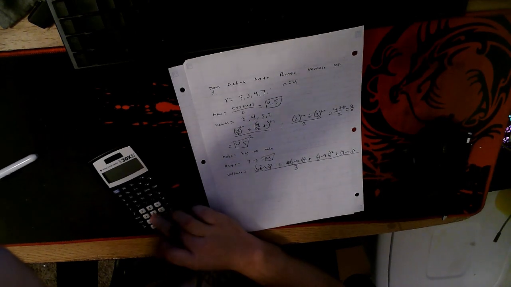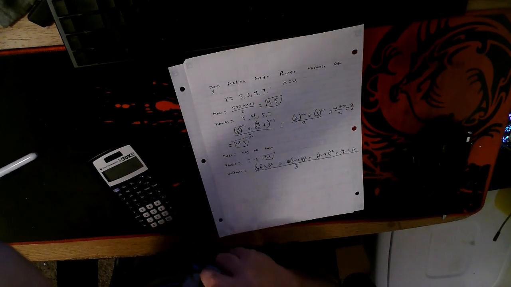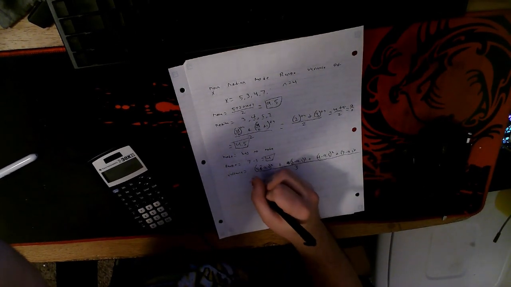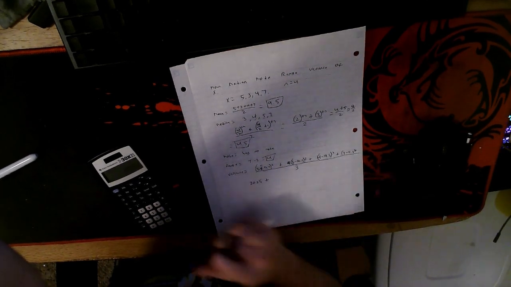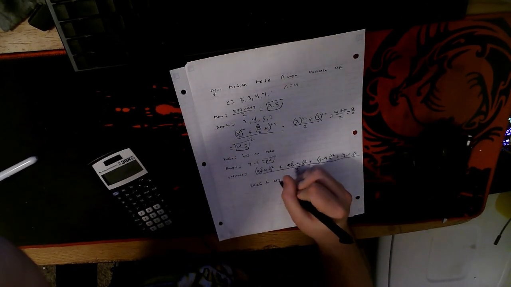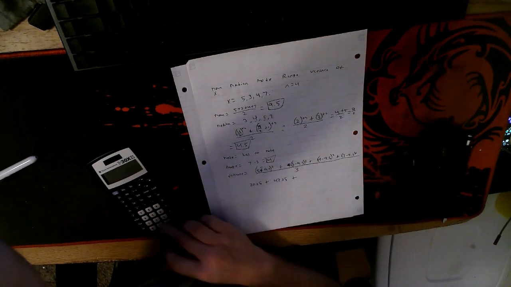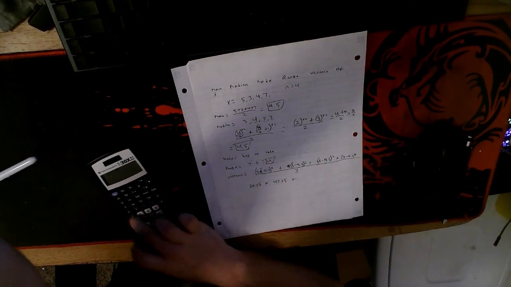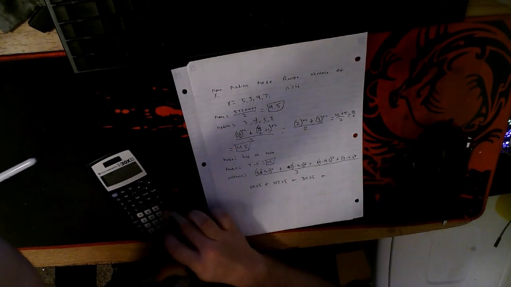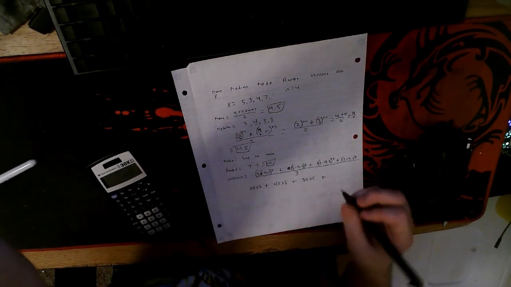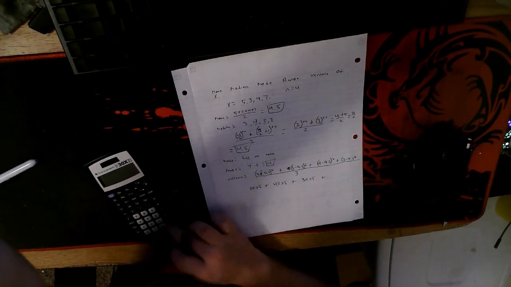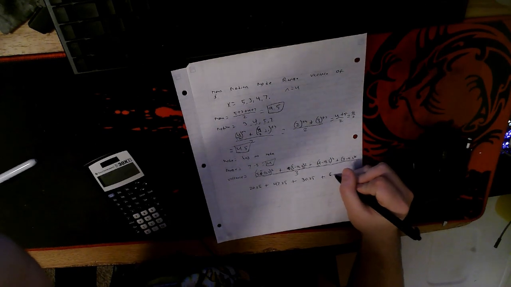So if we did this math, 5 minus 9.5 is negative 4.5, and when we square that, we get 20.25, plus 3 minus 9.5 squared, which is 42.25, plus 4 minus 9.5 squared equals 30.25, plus 7 minus 9.5 squared, which is 6.25.